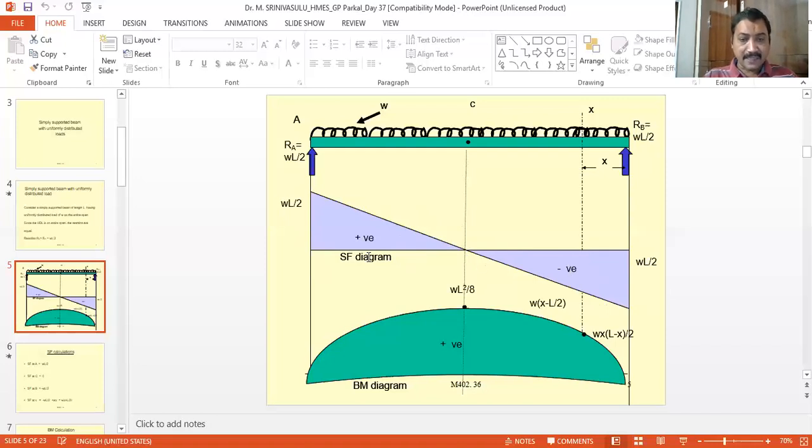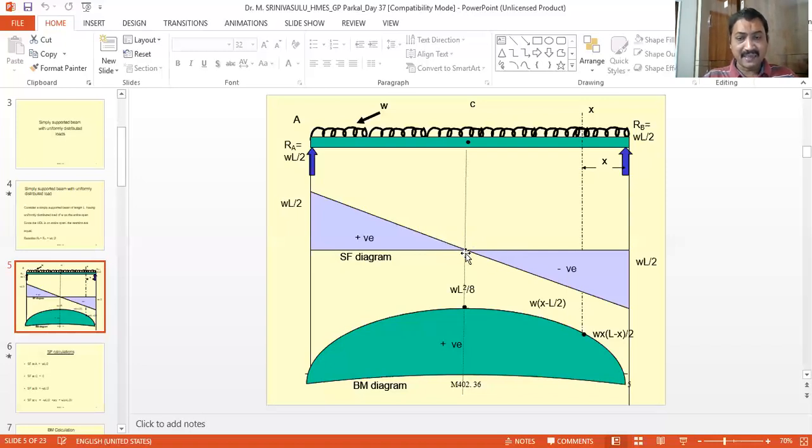So this is called the positive shear force diagram and this is the negative shear force diagram. And here this is the point where the shear force is 0 or the shear force is changing its sign from positive to negative or negative to positive.